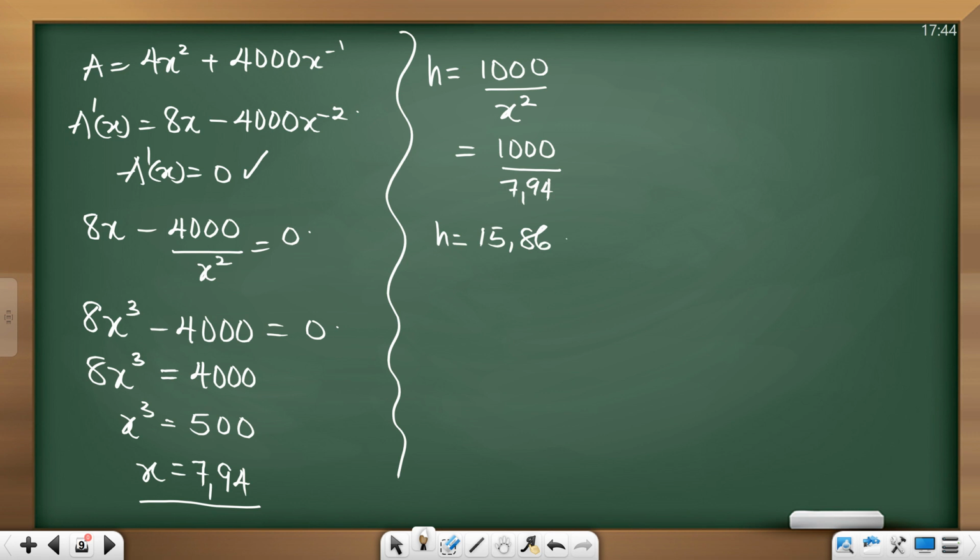Read it. 15 comma something. Guys, are we okay there? We already have the dimensions. We have x because it's a square base. It's x by x by h.